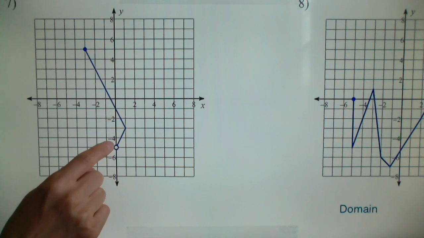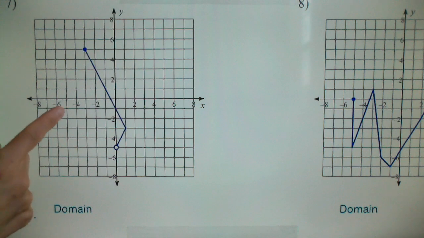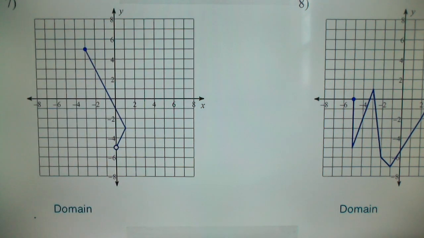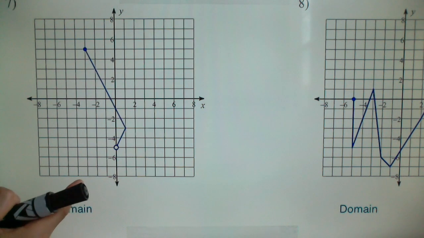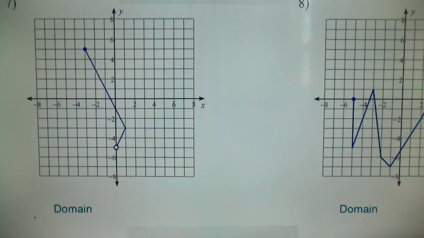So still the domain continuously includes from -3 up to 1. So the answer is -3 to 1, and the range, this is open. Don't forget to open -5 and up to 5. So here's the answer.